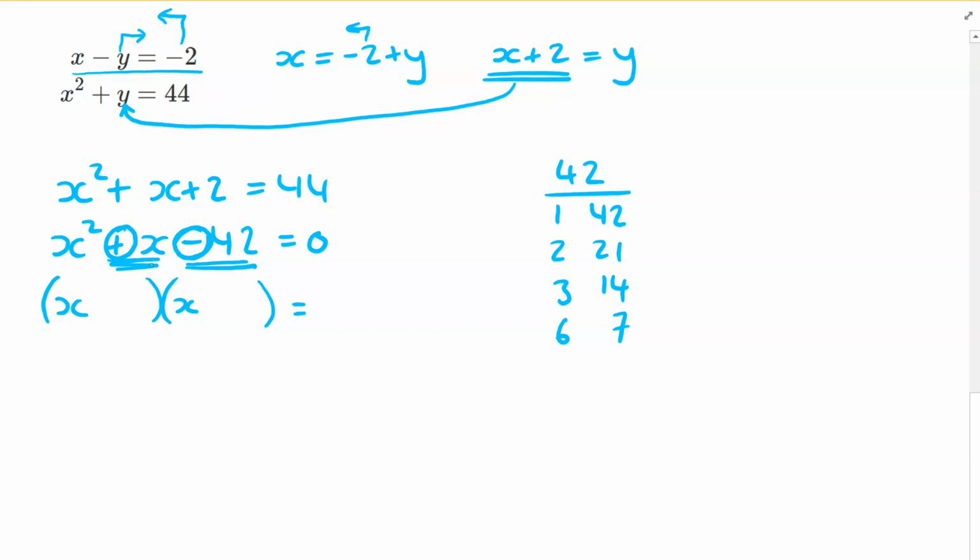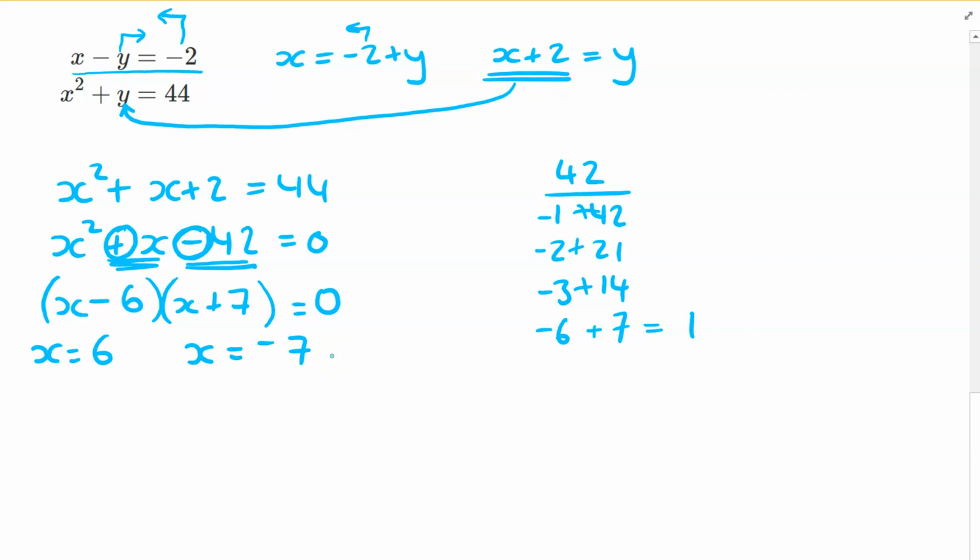So if they've got to add together to give a positive, the bigger number is the one that's got to be positive. So these ones would have to be negative. And which one's going to give me negative 1? It's going to be that one if I add these together. It'll give me positive 1. So that means I've got a negative 6 and a positive 7, which means that x has got to be 6 or x has got to be negative 7.